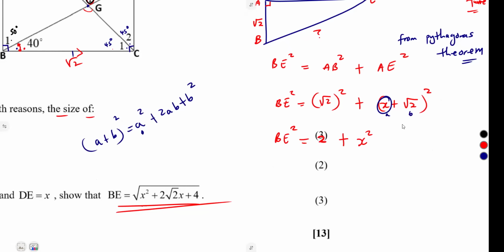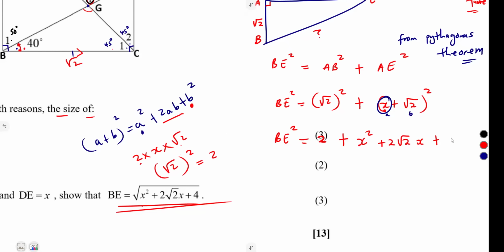So that's x squared plus 2ab. That's 2 times our a, which is x, times our b, which is square root of 2. So 2 times square root of 2 times x. Plus b squared. Our b is the square root of 2, so square root of 2 squared gives us a 2, just like here.